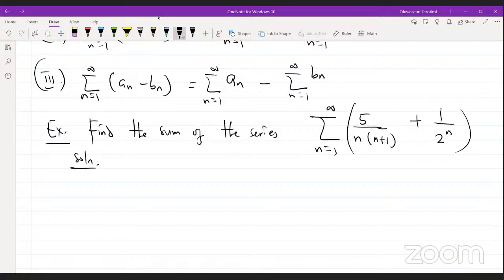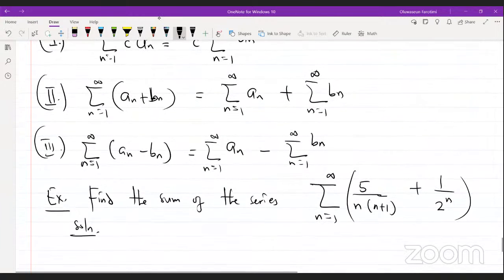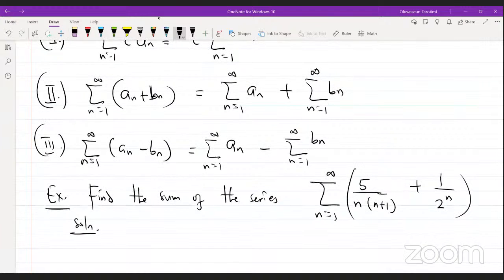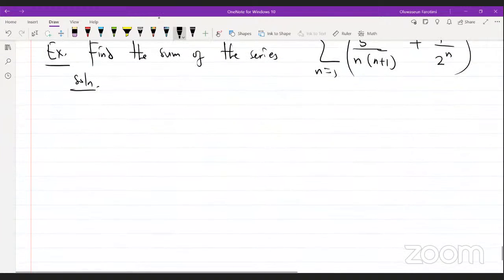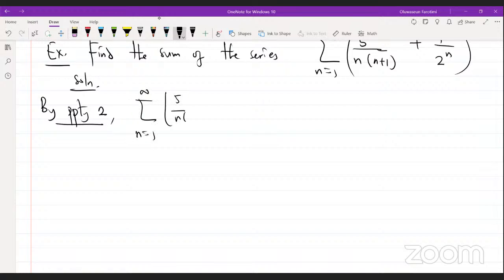Solution. Now, by property 2, I can rewrite that guy. How can I write it?